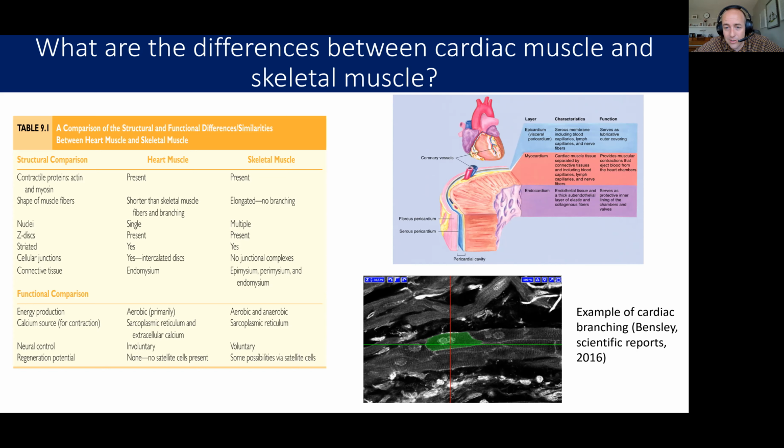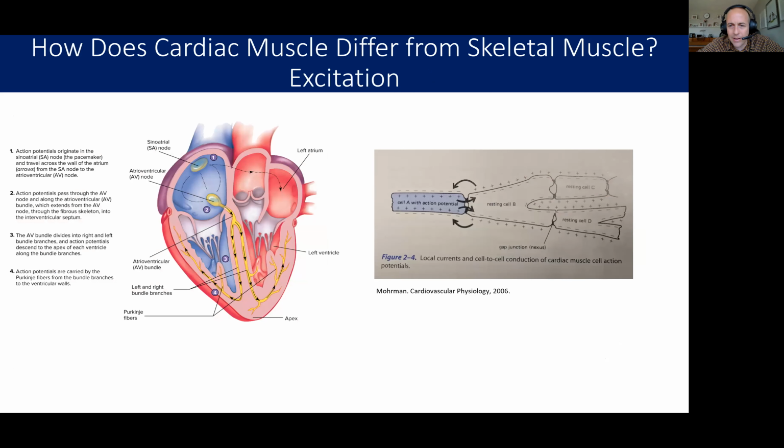One key difference is the shape of the skeletal or the cardiac muscle fibers. Skeletal muscle fibers are long and one strand, whereas if you look at a cardiac muscle fiber, they have some branching going on so that they can interact with multiple different muscle fibers.